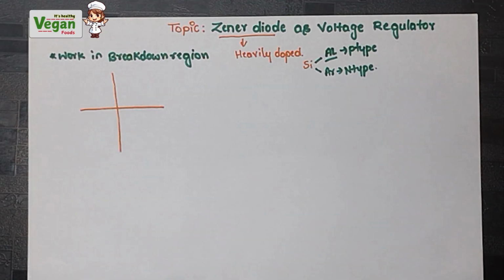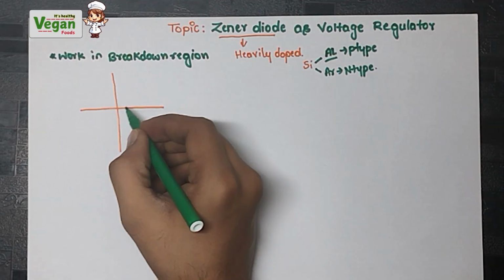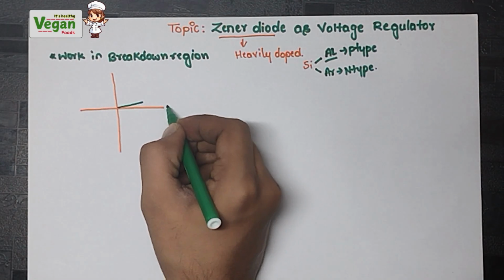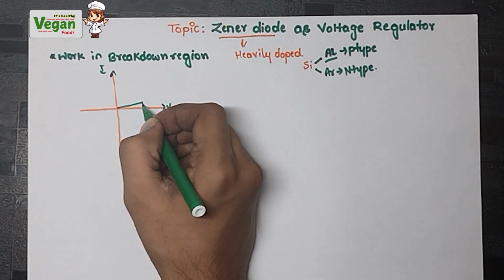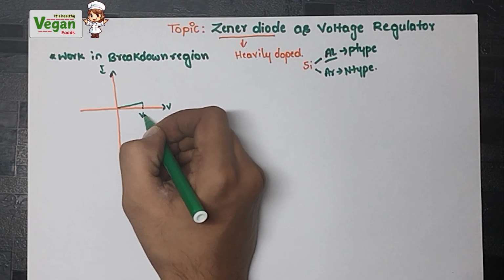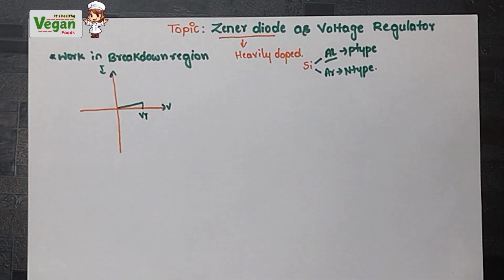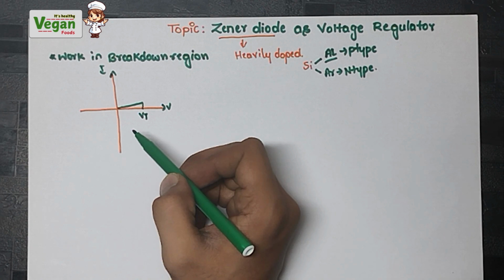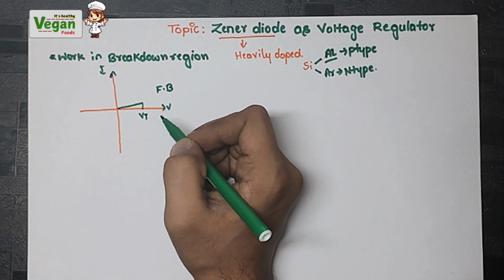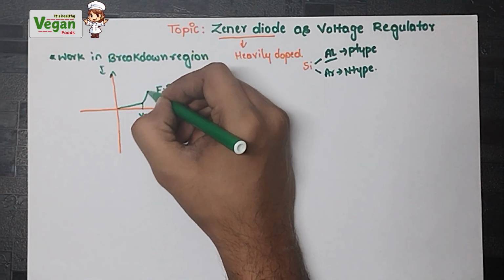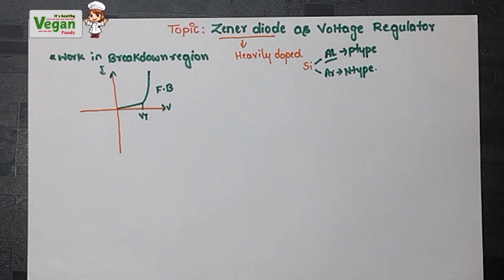When the voltage is increased in the forward direction, the current will grow up to a certain stage, that is up to the threshold voltage. It will increase slightly. After the threshold voltage, in forward biasing, it will rapidly increase, that is, it will sharply increase.